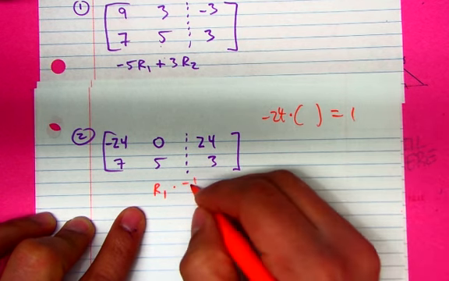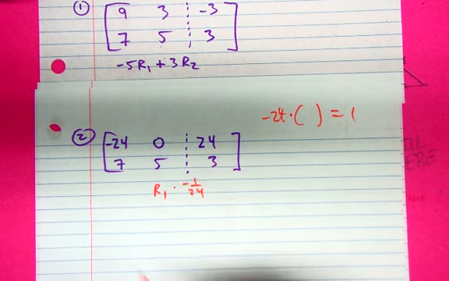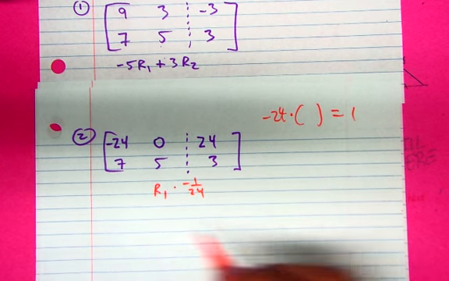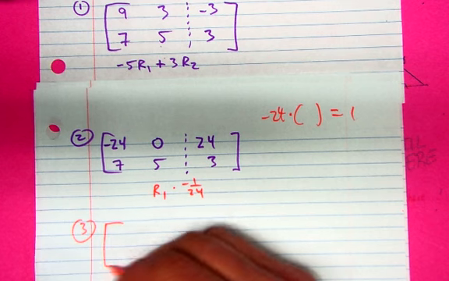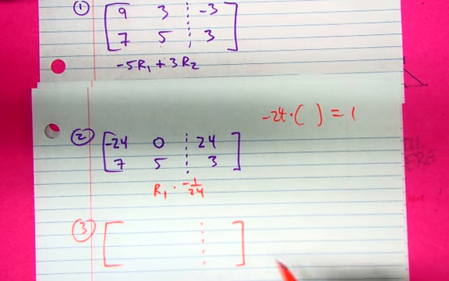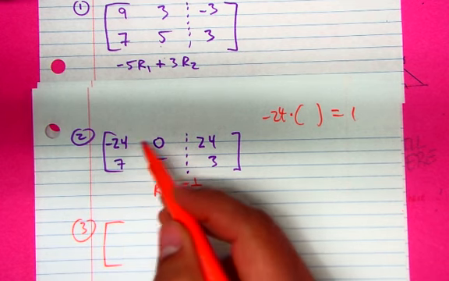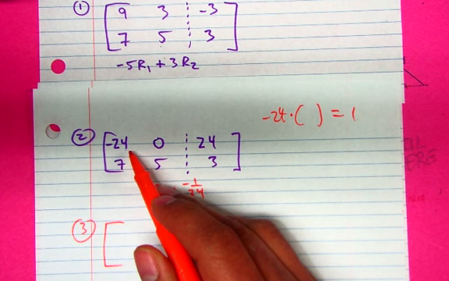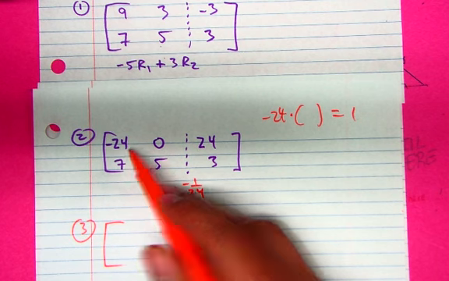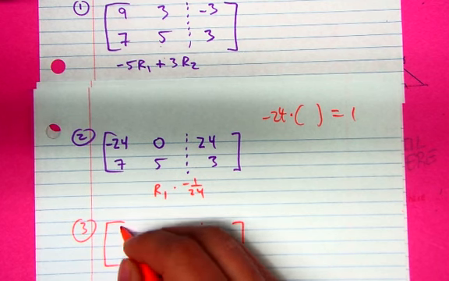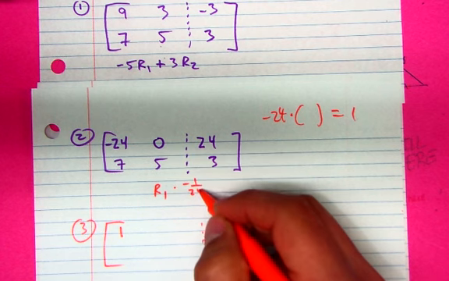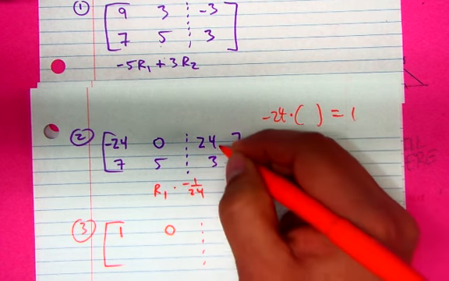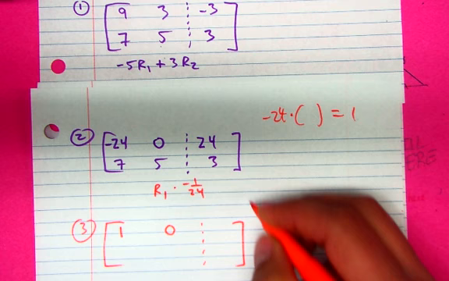Negative 1 over 24, right? So then, my next phase, this negative 24, I'm multiplying it by negative 1 over 24, which is really the same thing as just dividing by negative 24, right? So what do I get? 1. 0 divided or multiplied by anything is 0. And now 24 times negative 1 over 24, negative 1.